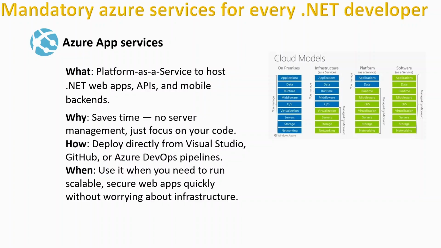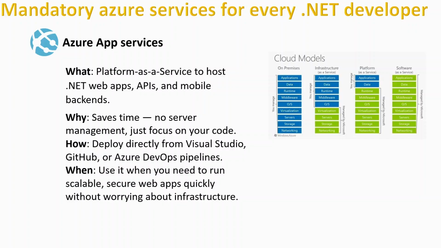Here we have used the term platform as a service. So what is it? In general, when we deploy an application into an on-premise environment, you need to manage all the layers yourself, like networking, storage, servers, virtualization, etc. Microsoft provides three models: infrastructure as a service, platform as a service, and software as a service.